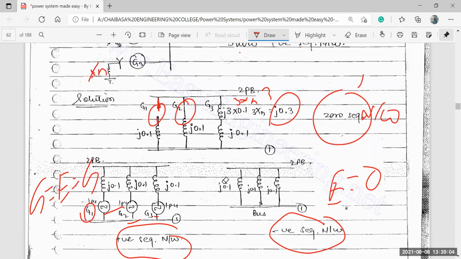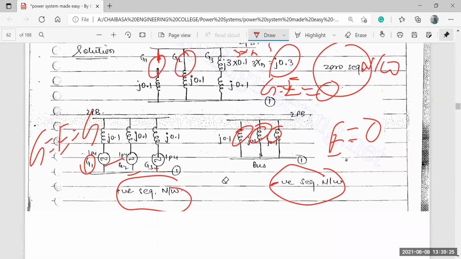Okay, now in the zero sequence network, we know E would be 0 when Z is equal to 0, and over here Z is equal to Z. So in this also we'll have only your reactance value.